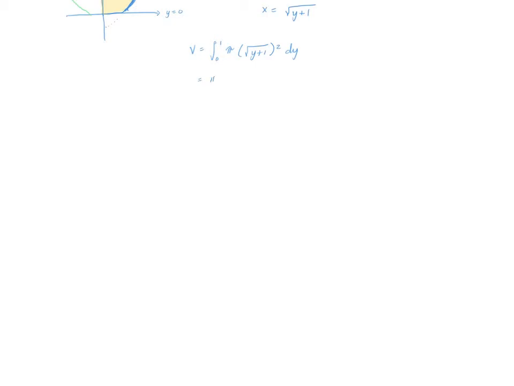I'm going to pull out the pi and integrate from 0 to 1 of y plus 1 dy, which would give me y squared over 2 plus y from 0 to 1.